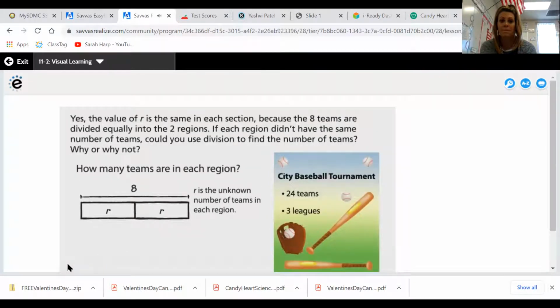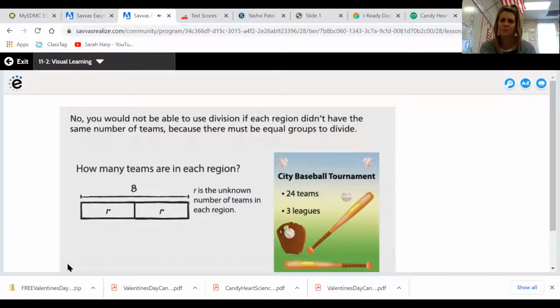Yes, the value of R is the same in each section because the 8 teams are divided equally into the 2 regions. Equally. If each region didn't have the same number of teams, could you use division to find the number of teams? Why or why not? No, you would not be able to use division if each region didn't have the same number of teams because there must be equal groups to divide.